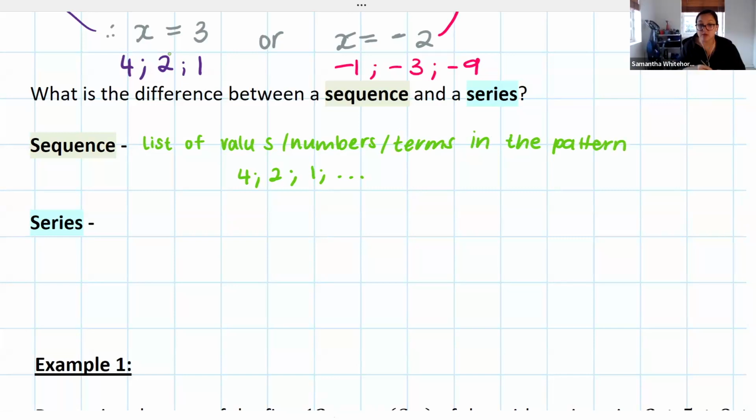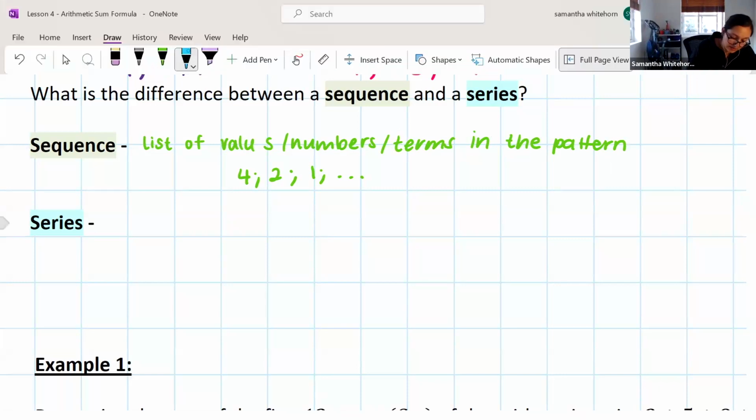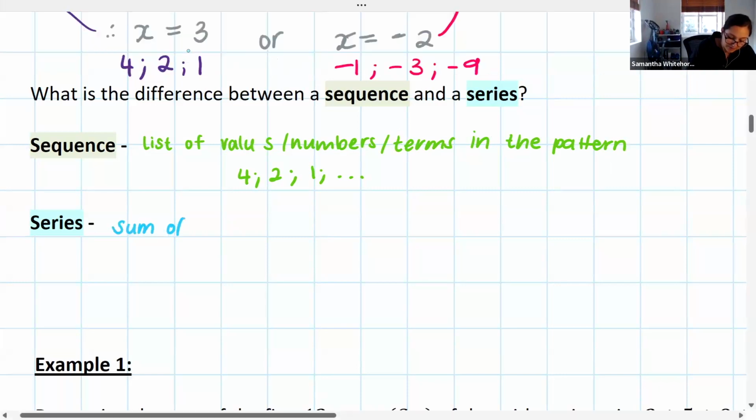Exactly as Emmanuel, Asia, and Joy have said, your series is the sum of terms in a pattern.